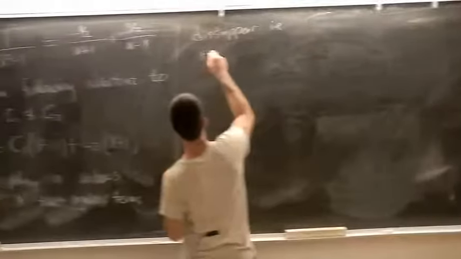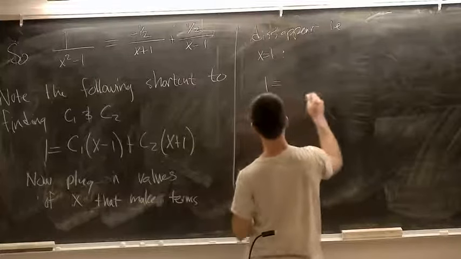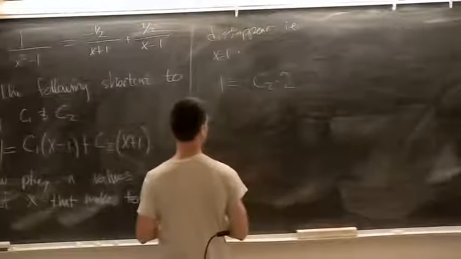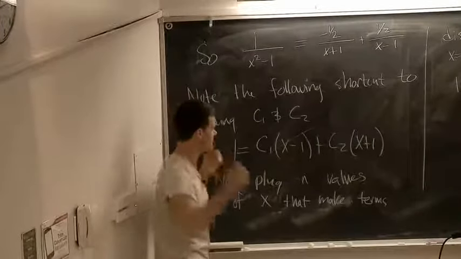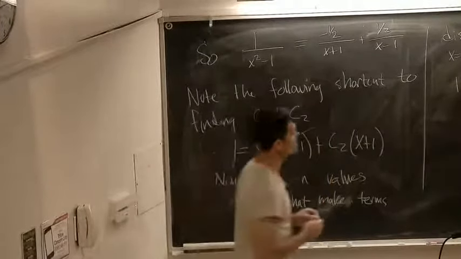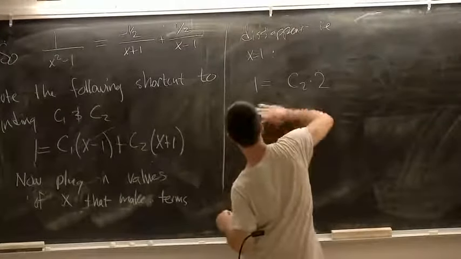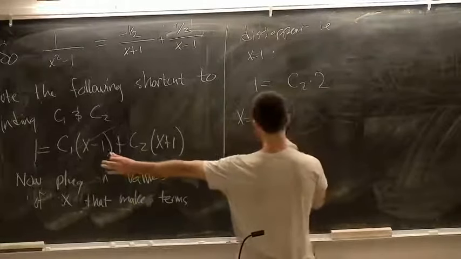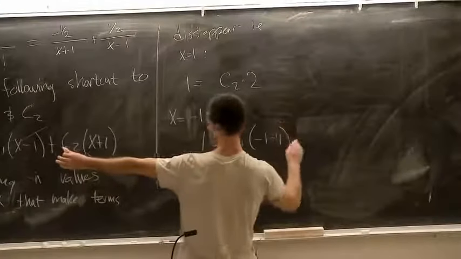So plugging in x equals 1, I get 1 equals C2 times 2. Because if x is 1, then this term just vanishes. And if I plug in x equal to negative 1, which would be my other root, then I'll get 1 equals C1 times negative 1 minus 1.